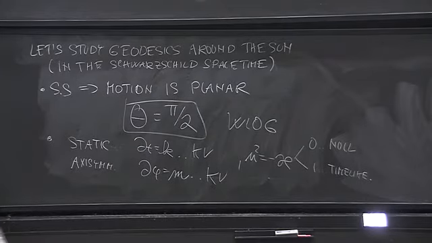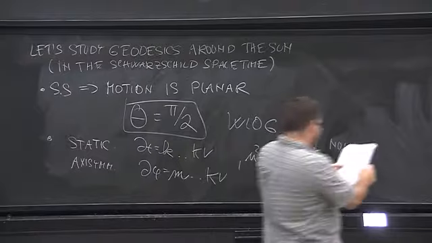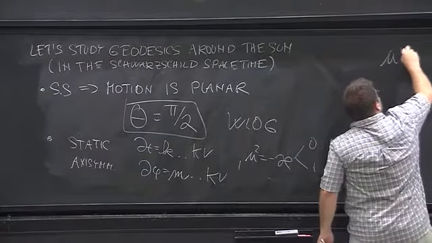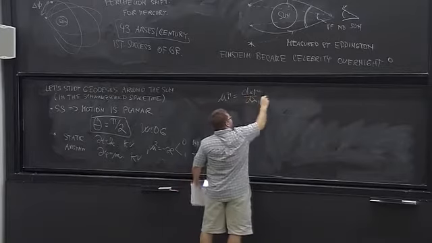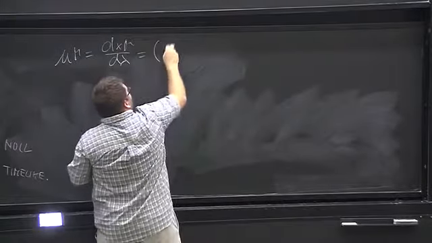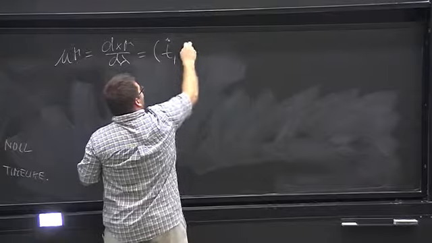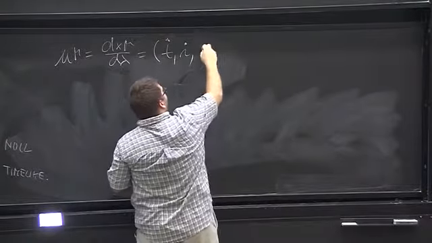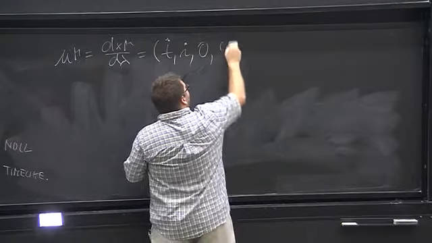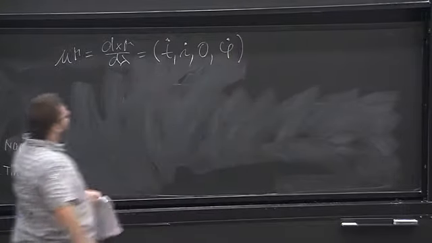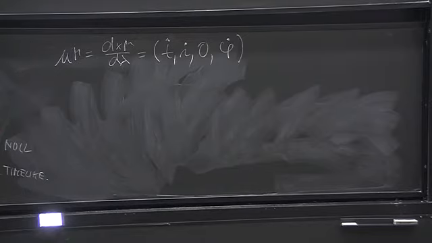So now think about it. We have the forward velocity u mu, which I just write dx mu over d lambda, some parameter, and then I have t dot, r dot, theta equals to pi half, so theta dot is equal to 0, and then phi dot. That's my forward velocity, which describes the geodesic. So we effectively killed one of the components, so we have only 3 degrees of freedom left.